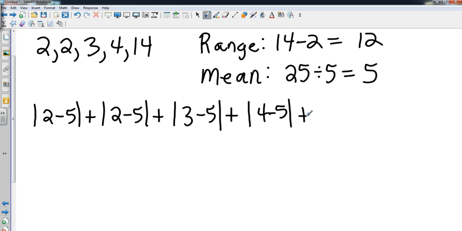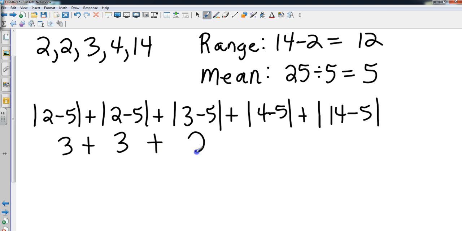And finally, the absolute value of 14 minus 5. So that's going to give us the absolute value of negative 3, which is 3. The absolute value of negative 3, which is again 3. Absolute value of negative 2, which is 2. Absolute value of negative 1, which is 1. And the absolute value of 9, which is 9.